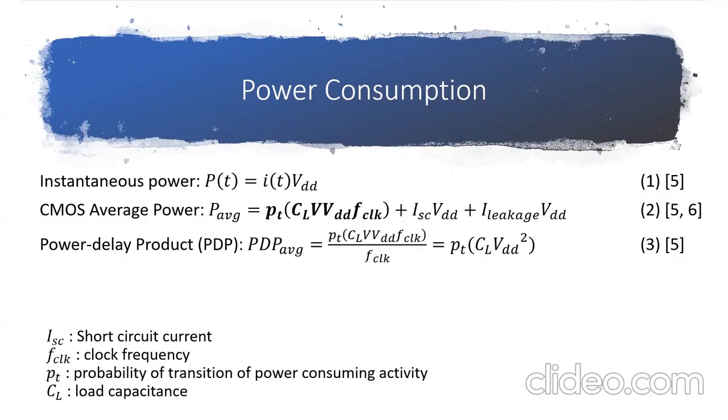And lastly, the power delay product, also known as PDP, is defined as the first term of the average power, which is bolded in equation 2, divided by the clock frequency.